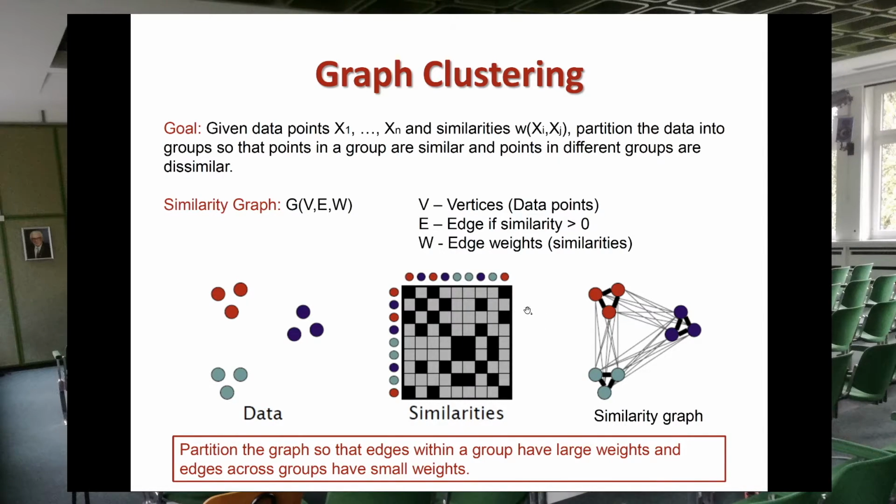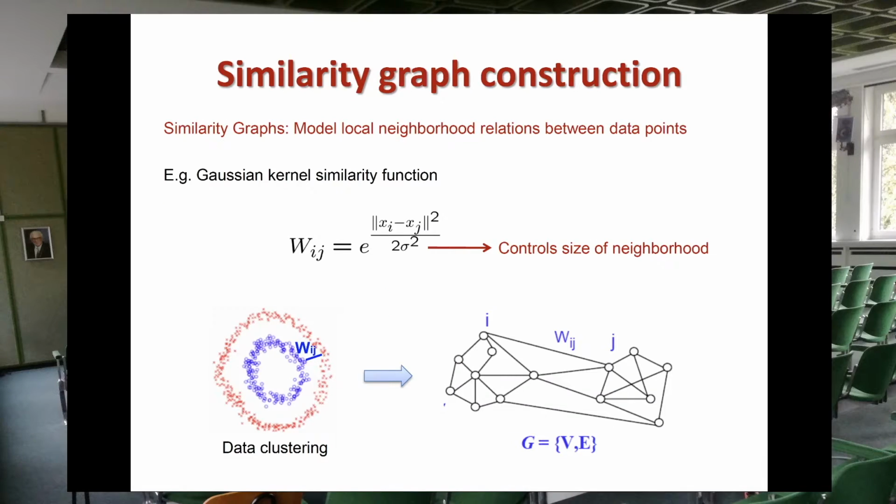So in this matrix you can see the black entries as large numbers and gray entries as small numbers. These similarity graphs model local neighborhood relations between data points.